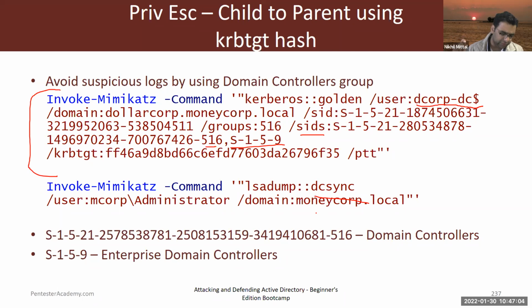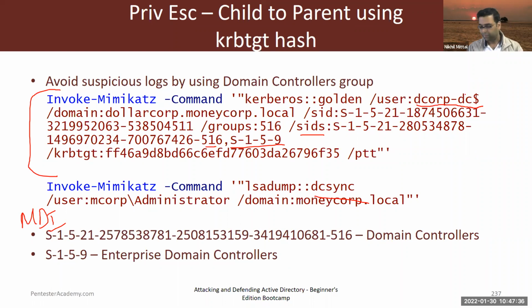So this would be super silent in the logs. And this also defeats, as of today, this one is a valid bypass of Microsoft Defender for Identity or MDI. So Defender for Identity is the successor of ATA and specifically used to detect attacks like this, and this will bypass MDI.